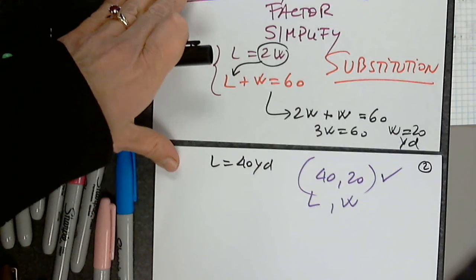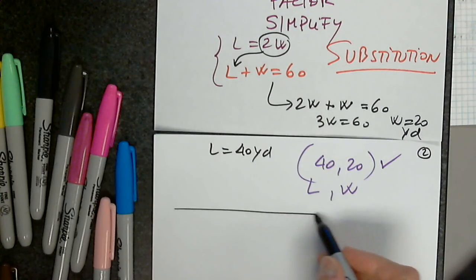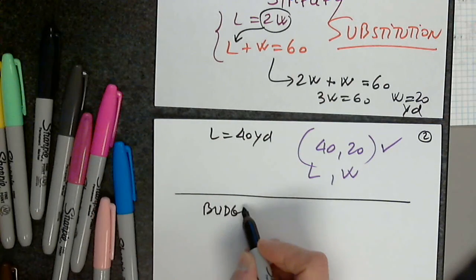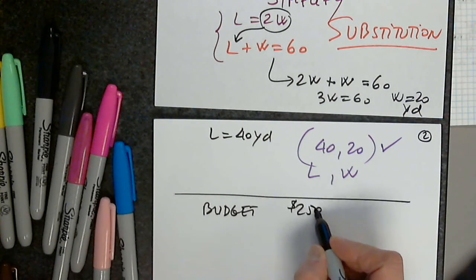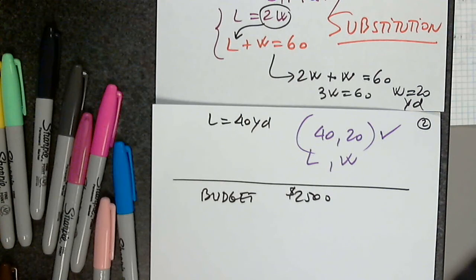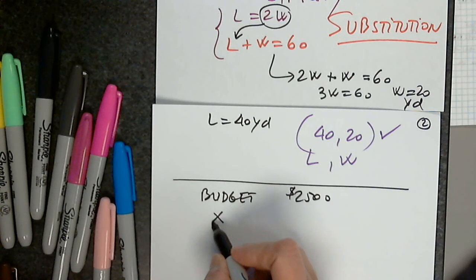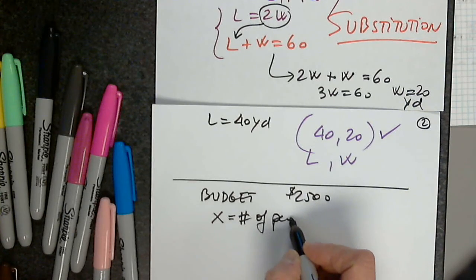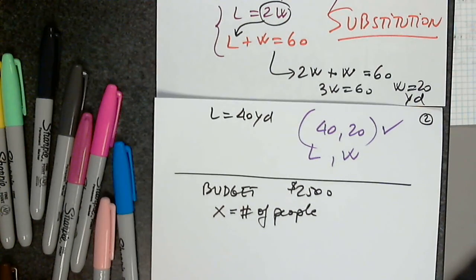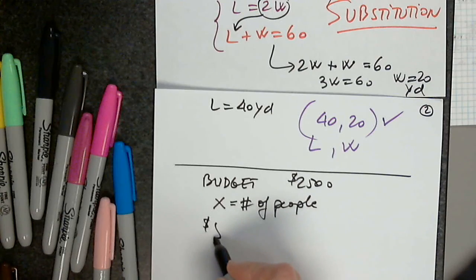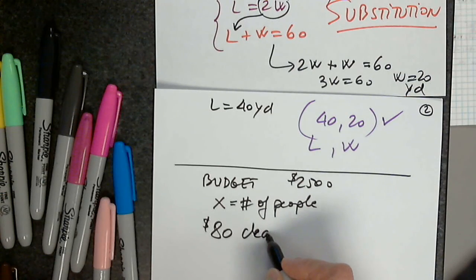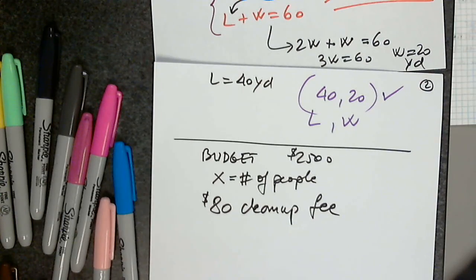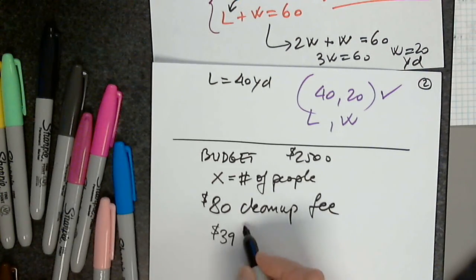Good. So we have a budget of $2,500. We want to invite an unknown number of people. We know that there is a one-time cleanup fee. And we know that they charge us $39 per person.